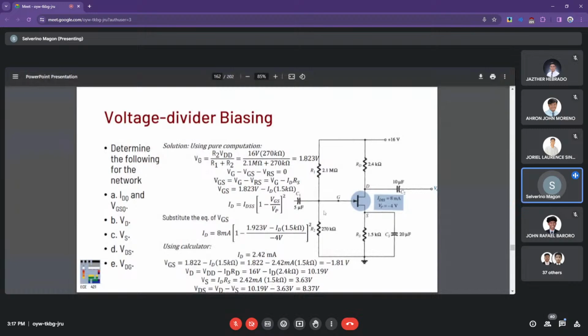Right, so when those terms are rearranged, then we can solve. Sorry, I think I skipped this first part. No? Okay, so this first part first. So for the gate to source voltage, we have the gate voltage at 1.82. The gate voltage here at 1.82 minus IDRS.